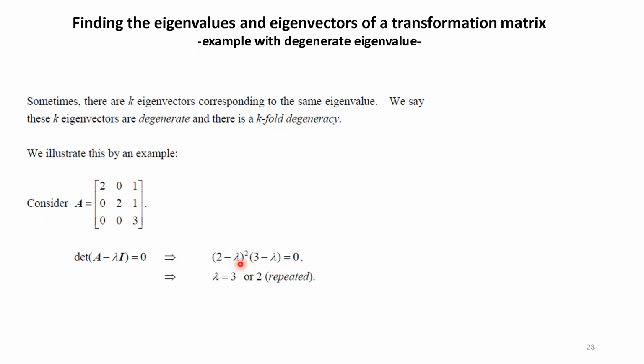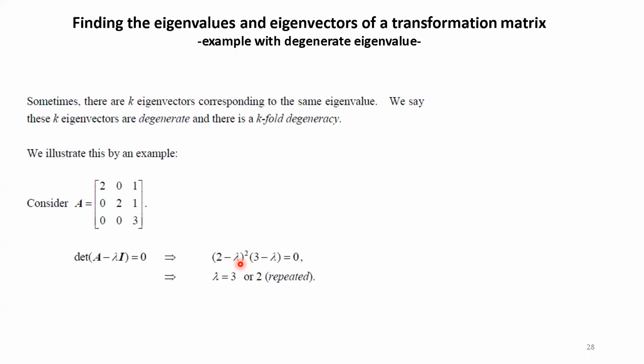Now we want to find the eigenvectors for this problem. Again, we need to consider the different cases for each eigenvalue individually.